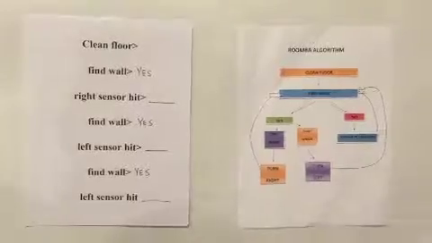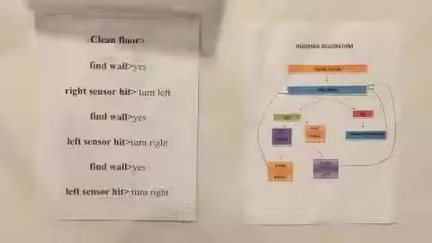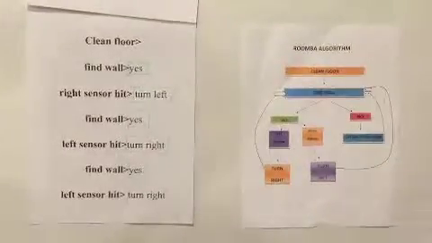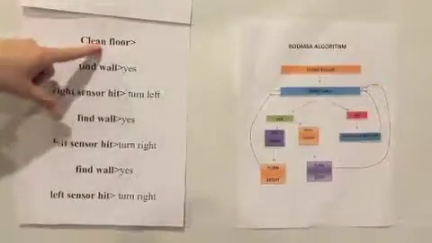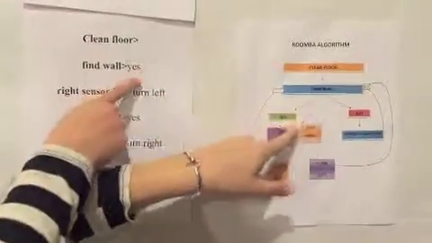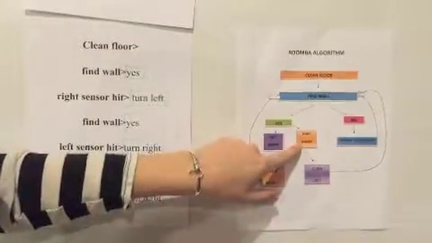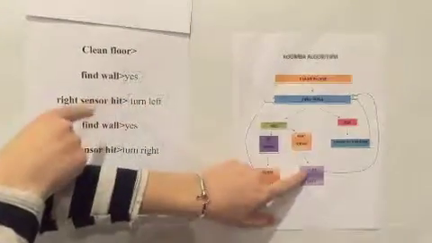Okay, so I hope everybody got all their answers right, so we'll go ahead and review that real quick. Based on our algorithm, how a Roomba cleans your room. So you turn it on, it starts to clean the floor, it finds a wall, and it hits the wall, so yes. And then our right sensor is hit, so we go down here to right sensor hit, and then we turn left.